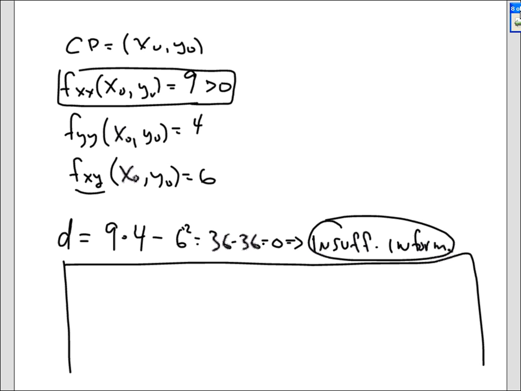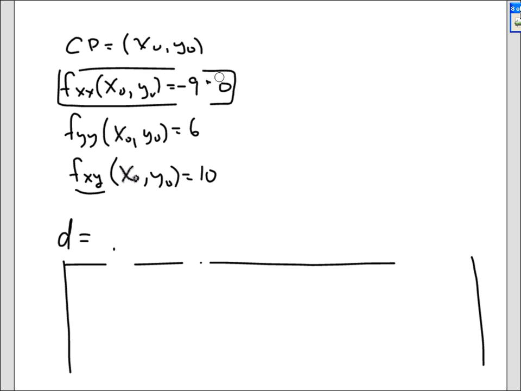Okay, what if we have another test, which means we're given different values right there. Those values, they're no longer 9, 4, and 6, but rather -9, 6, and 10.